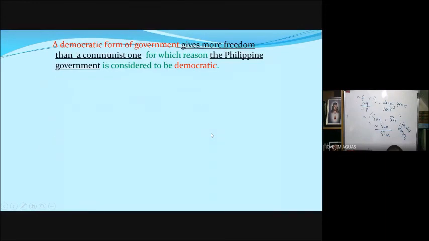Now, let's try to reconstruct the whole argument. How do we do that? We already know what the implied statement is. The implied statement is the third statement. There are already two statements that are expressed, meaning they are there in the enthymeme. For example, a democratic form of government gives more freedom than a communist one, for which reason the Philippine government is considered democratic.